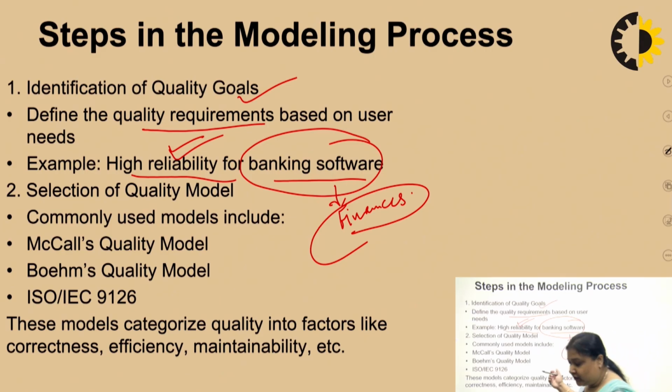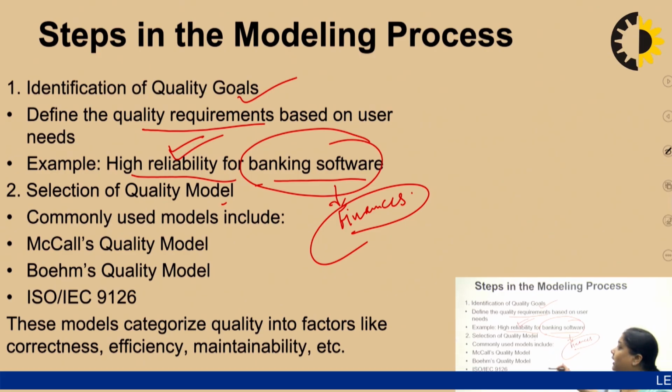Next is the selection of the quality model. We have different types of quality models available, and we have to decide according to our requirement what type of model we need to incorporate in our software. Some commonly used models are McCall's quality model, Boehm's quality model, and the ISO model.